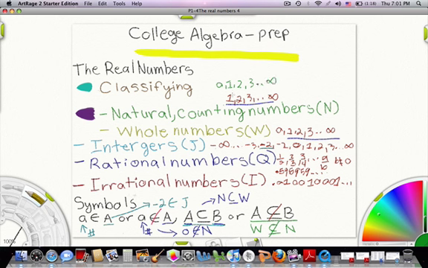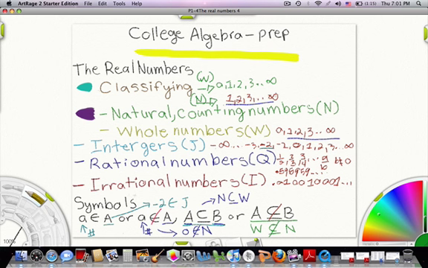If we look at these two, we can't say that these numbers are in this number set. The member set of whole numbers is not in this member set of natural numbers because there's no 0, and we can't just slap these numbers right in here for a perfect fit.